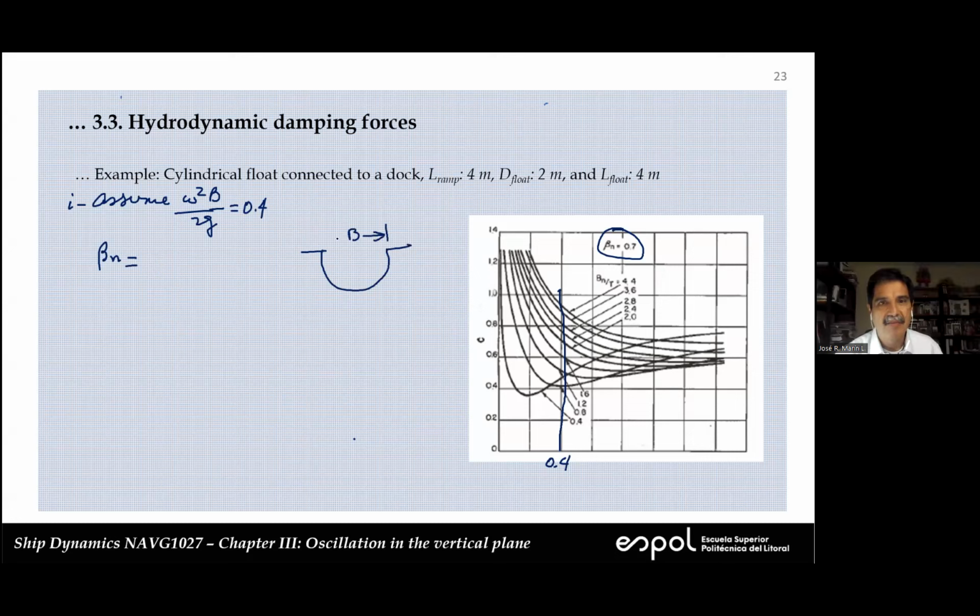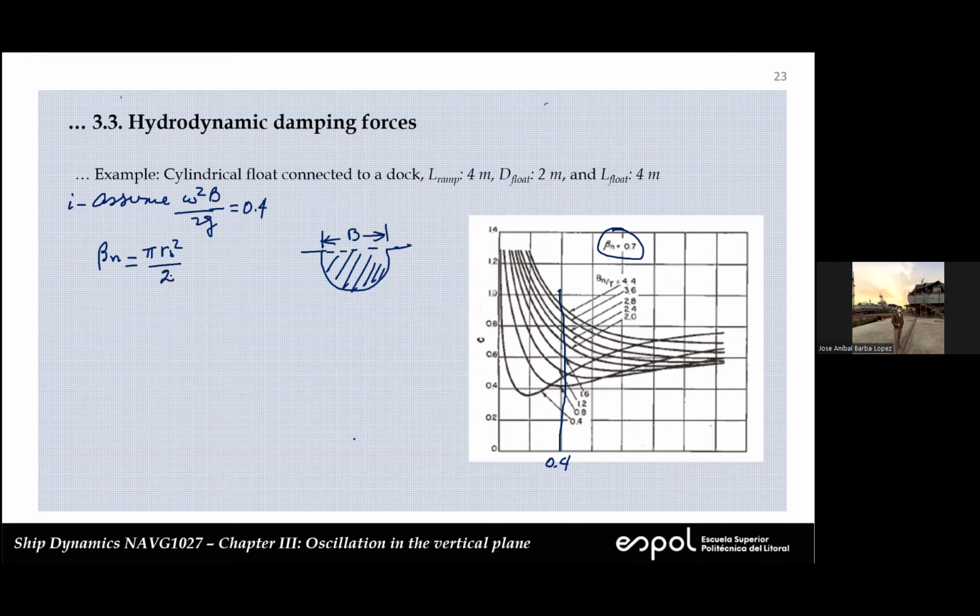No, come on. It's pi R squared over 2. So it's pi R0 squared, that's the area of the full circle. But we have only half of that.